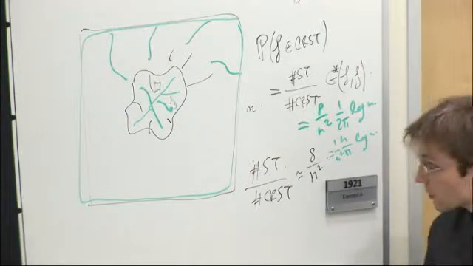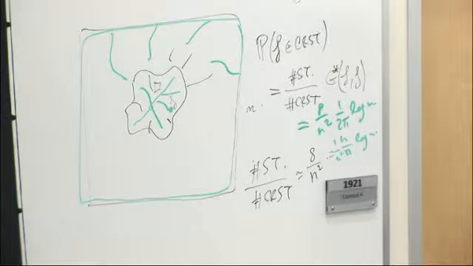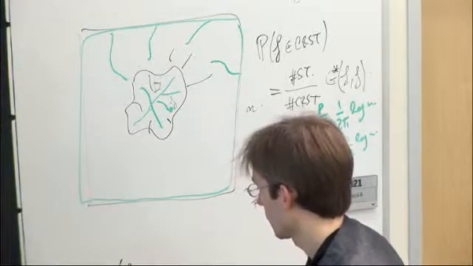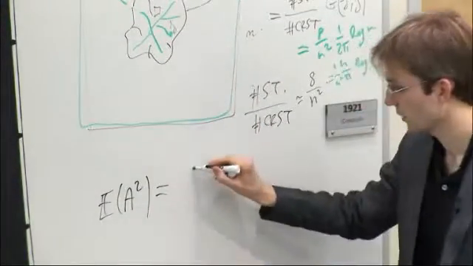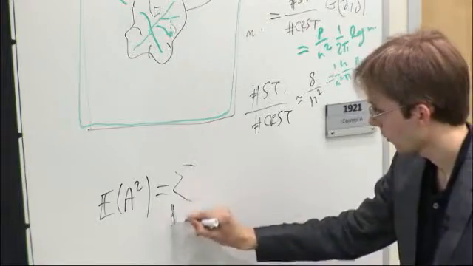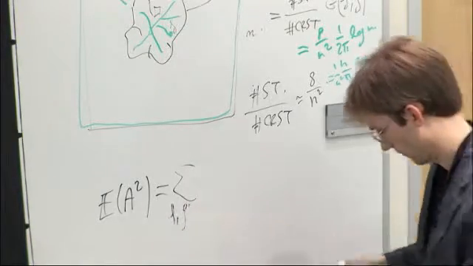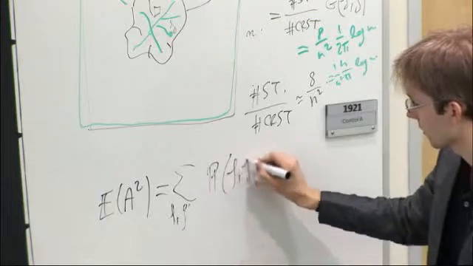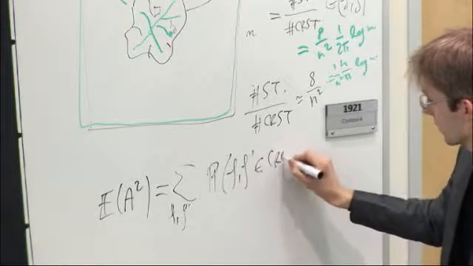Now, for the case of the second moment of the area, it's a similar approach. We just write that the expected area squared is a sum over all pairs of faces of the probability that both faces lie inside this CRST, the cycle.